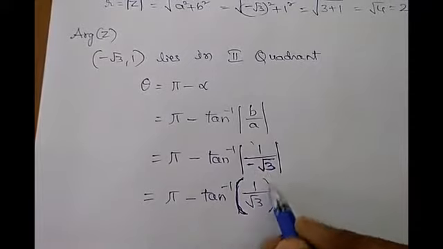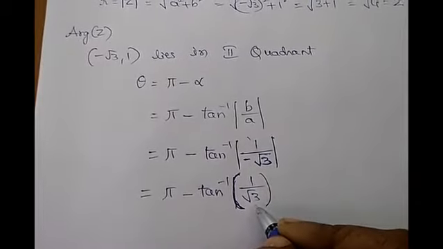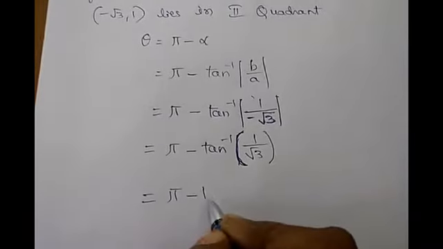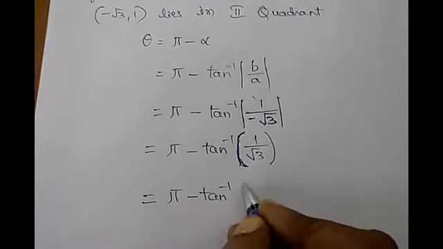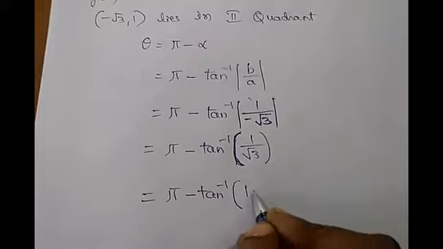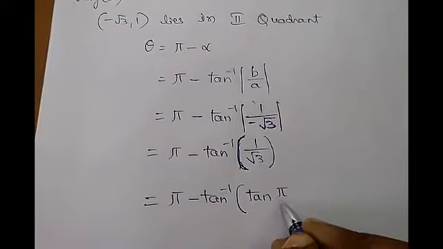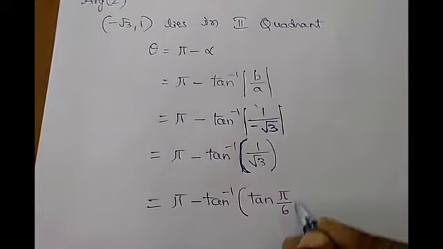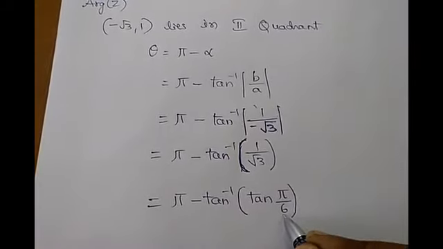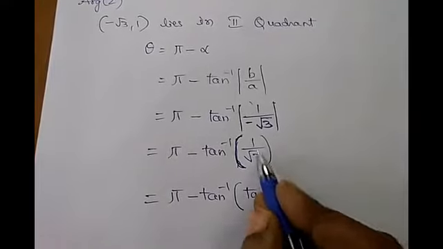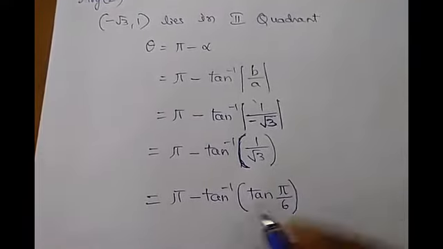So minus 1 by root 3 gives 1 by root 3 only. That is equal to pi minus tan inverse 1 by root 3. 1 by root 3 is tan 30 degrees, and tan 30 degrees means tan pi by 6. So instead of 1 by root 3 you can write tan pi by 6.